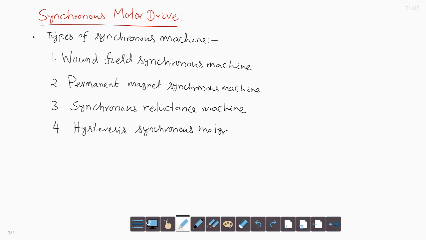So, wound field synchronous machine is again divided into two types. First is cylindrical rotor machine, second type is salient pole synchronous machine.